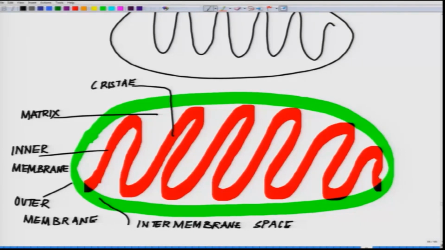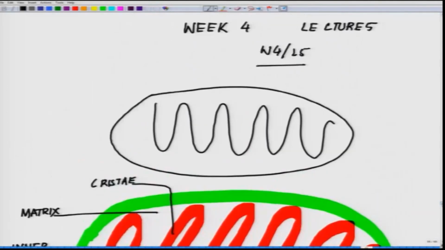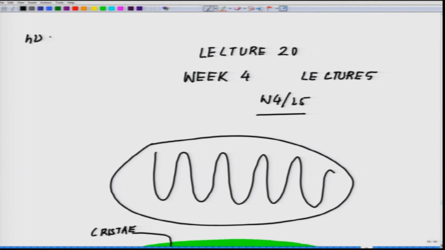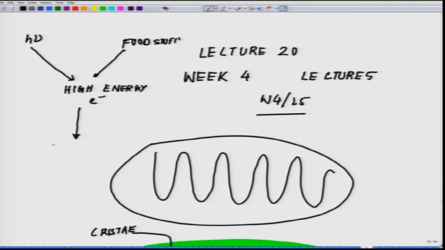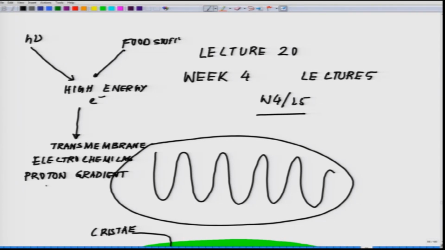We will come to that later, and where we are starting the whole matter is something like this. You have sunlight, you have foodstuff, both of them result in high energy electrons. These high energy electrons lead to a transmembrane electrochemical proton gradient, and this proton gradient leads to active membrane transport.